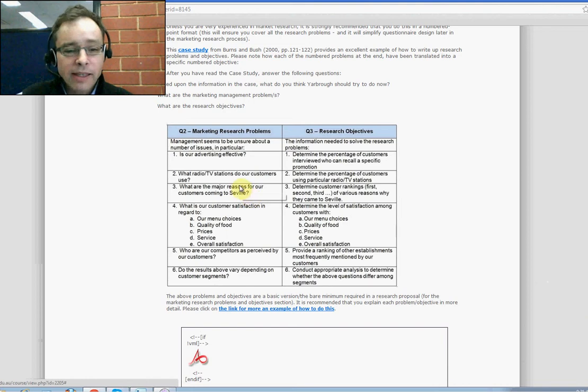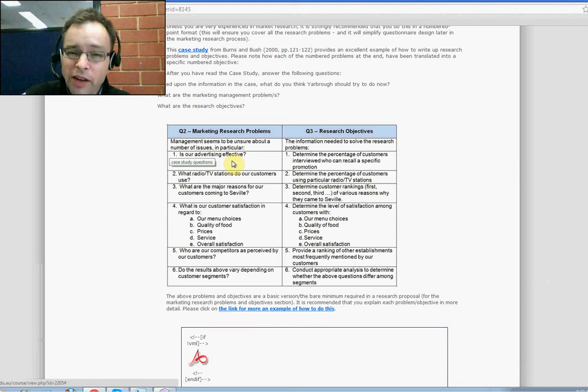Now, the restaurant is conducting a lot of advertising, for example. The problems are listed down this column. So management basically seems to be unsure about a number of issues. In particular, problem 1, is our advertising effective?